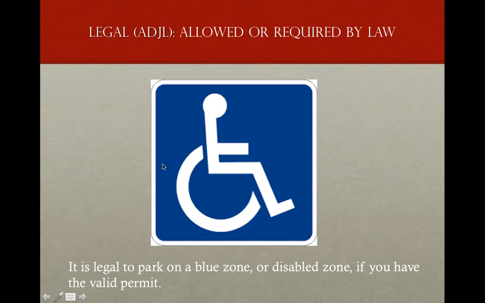Whenever you're driving around and you see in a parking lot or a parking space this symbol, either on the ground or as a sign on a post, you can park there only if you have the valid permit. So if you have a permit, it's legal for you. It is allowed by the law.